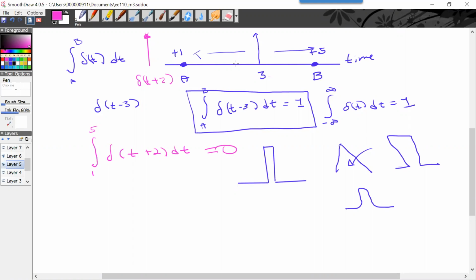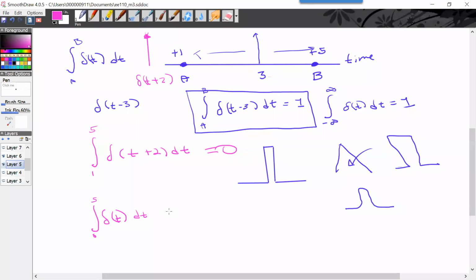And sometimes this happens in certain CAD software or certain Mathematica software where you have a delta function here, and you integrate from 0 to something, and some packages will evaluate that to 1, some will evaluate it to 1/2, and some will evaluate it to 0.